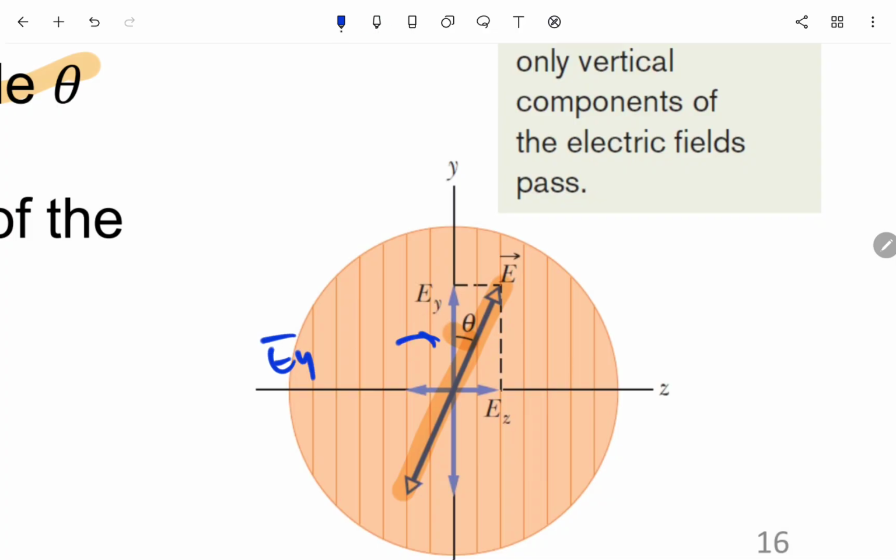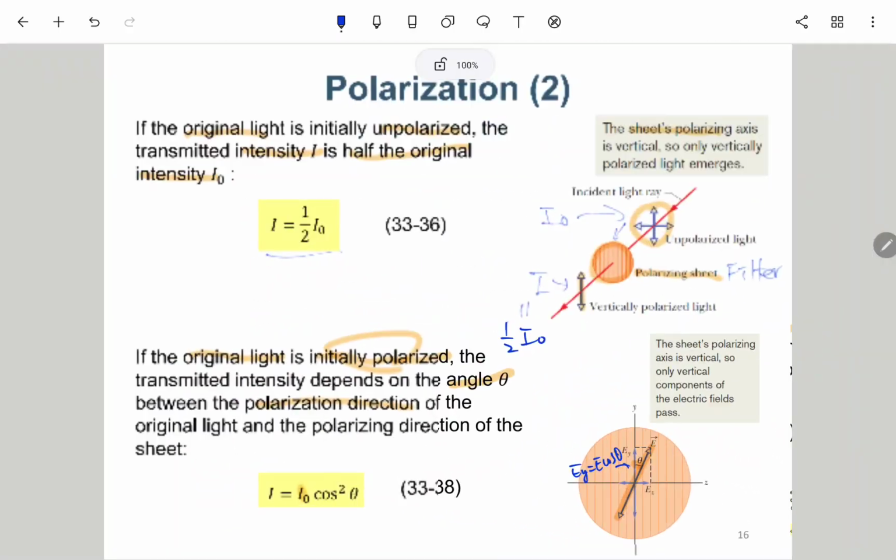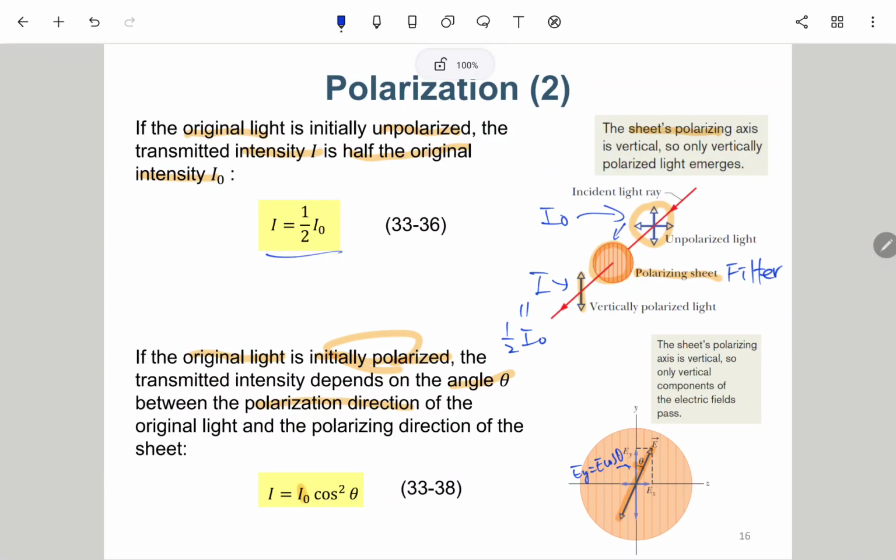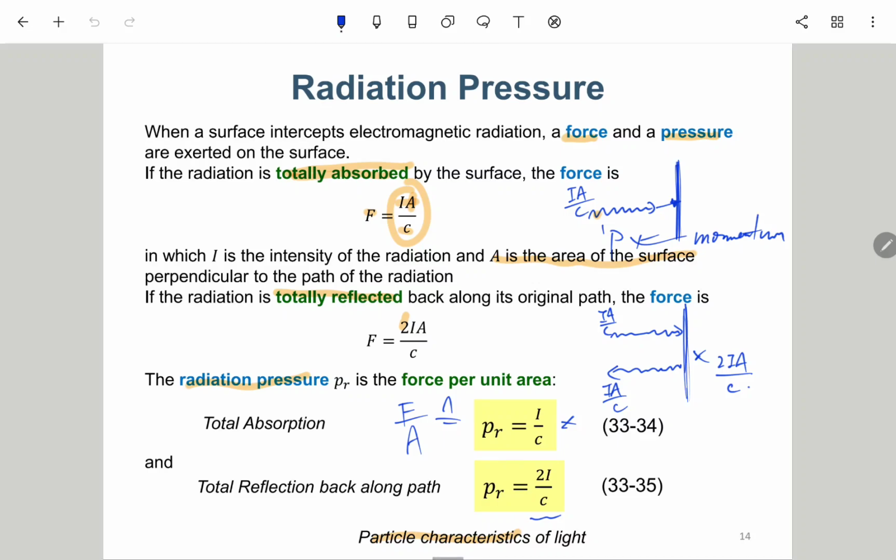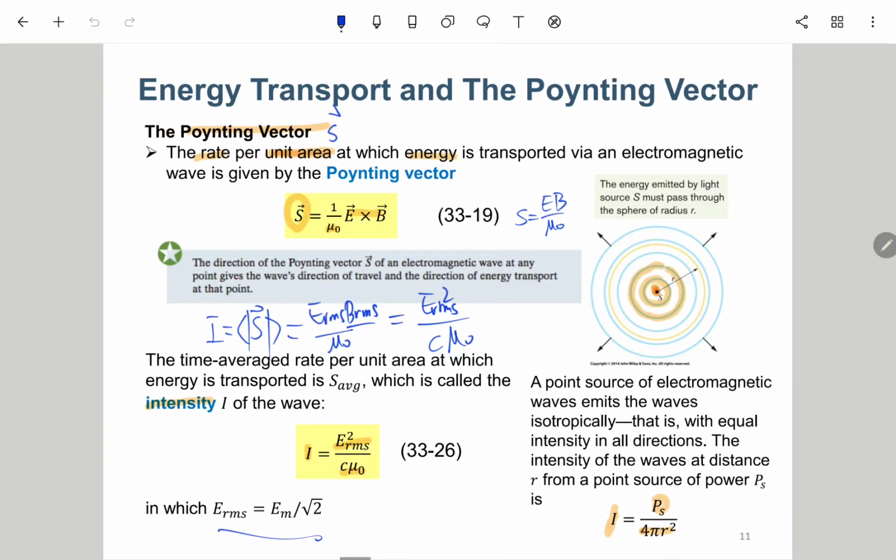So E_y will be E cosine of theta. E_m, and E_rms is also multiplied by cosine of theta. But for the intensity, let me recall it here.